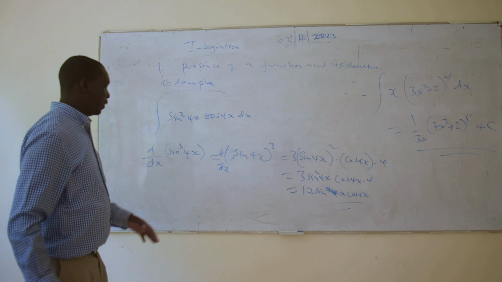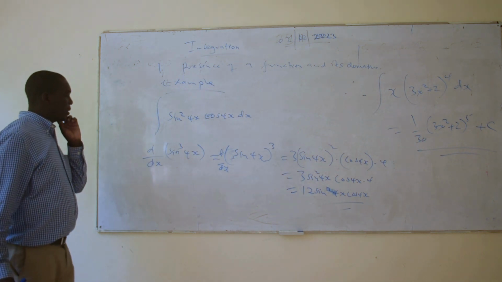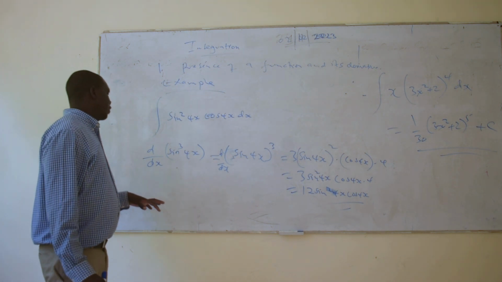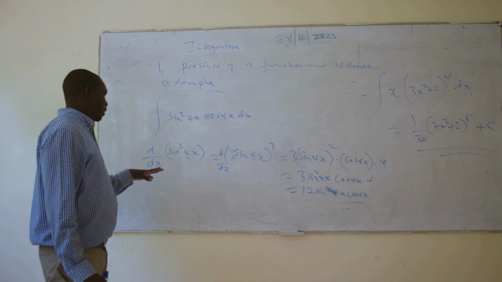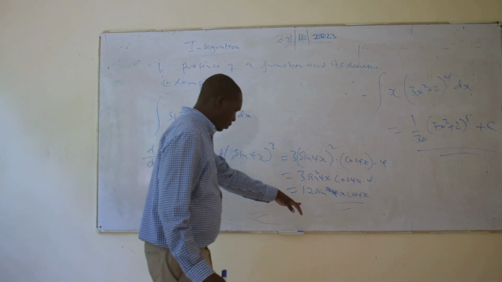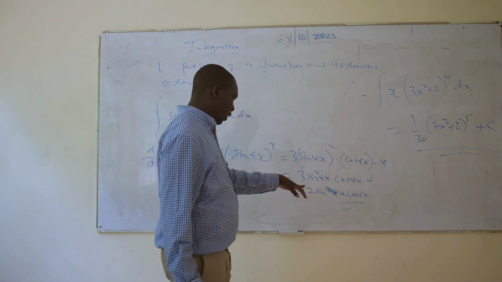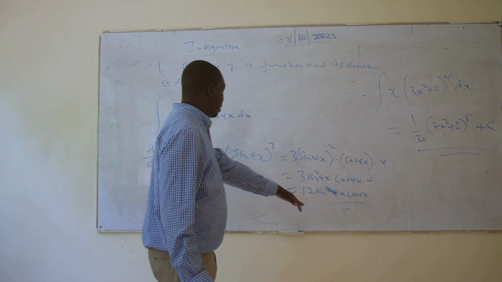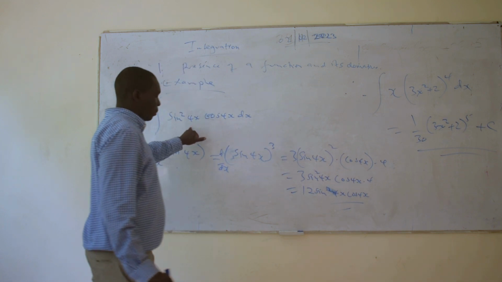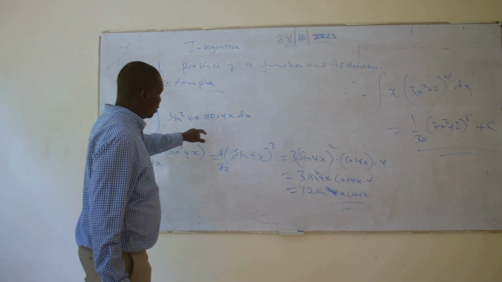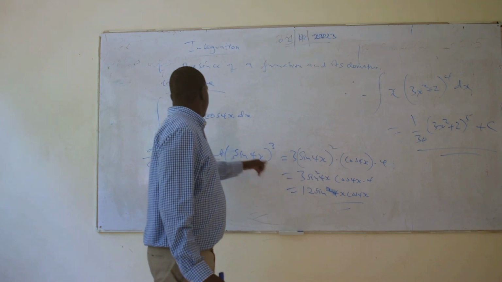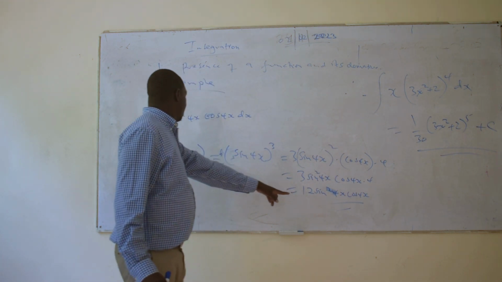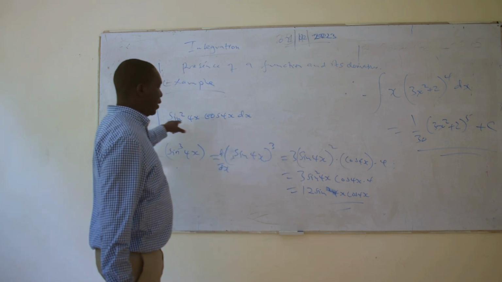Now, the derivative of sine cubed 4x is 12 sine squared 4x cos 4x. There is a similarity between the answer and the integrand, but the only difference is there is 12 in the derivative, while in the integrand there is not 12.